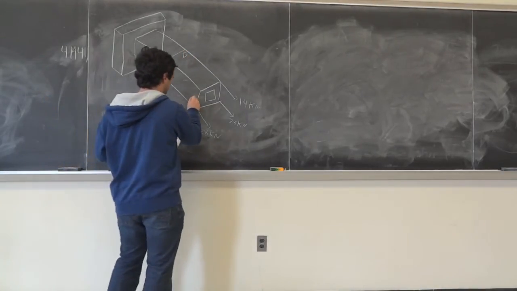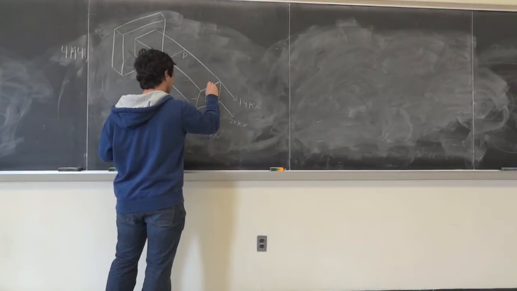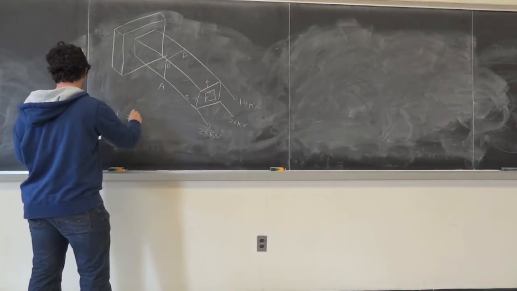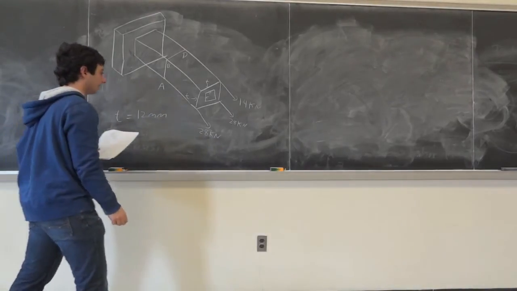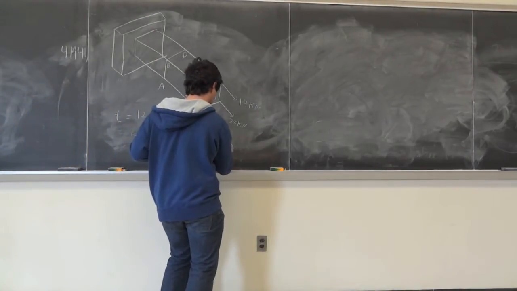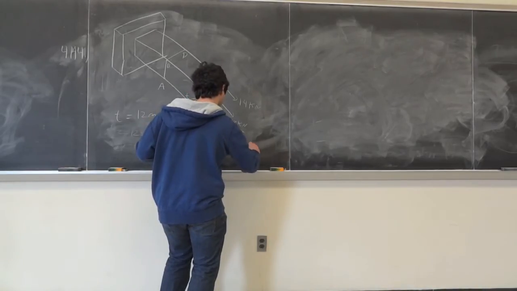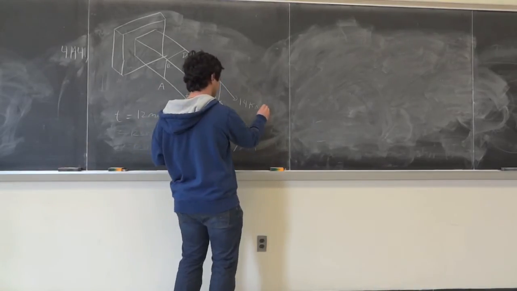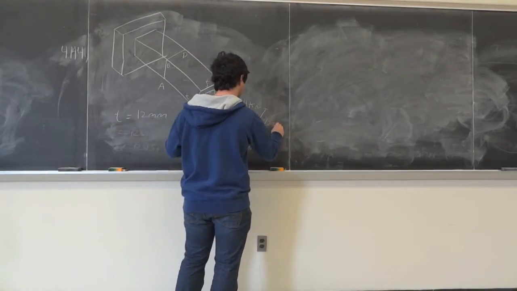They give you the thickness of the wall. Okay, so they give you T, I'll just call it T in this case. They say T is equal to 12 millimeters. Alright, and they give you obviously these distances. Okay, this is 75 millimeters, and this distance from here to here is 125 millimeters.